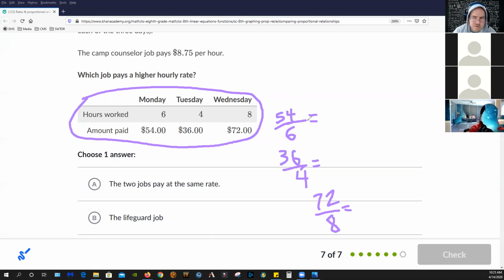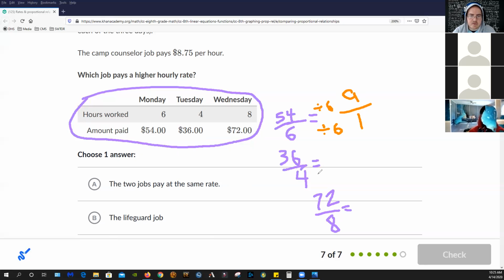It's almost like simplifying fractions. If we divide the top and bottom by 6, what do we get? Well, 6 divided by 6 is 1. 54 divided by 6 is 9. So apparently he's making $9 an hour as a lifeguard if he works 6 hours.